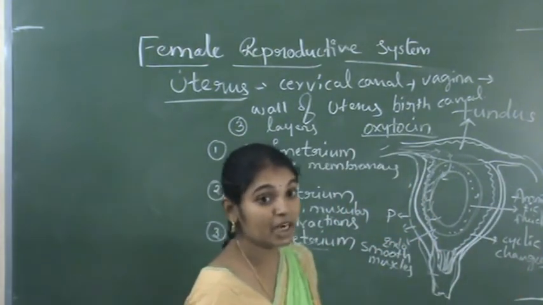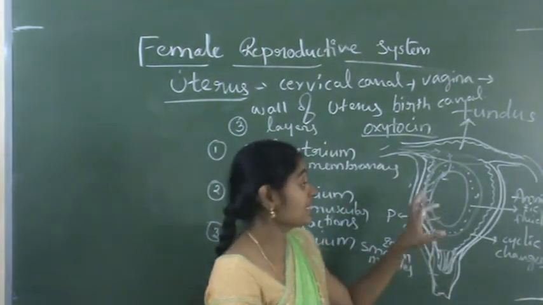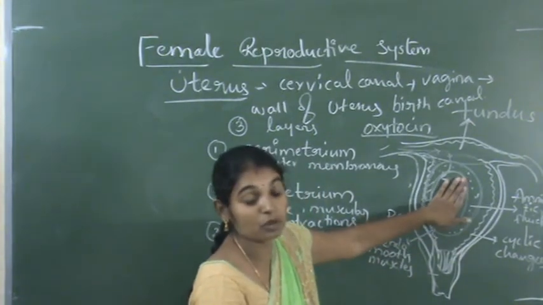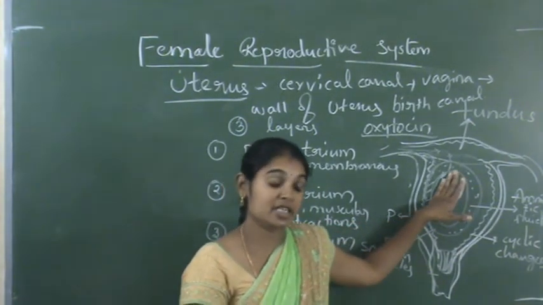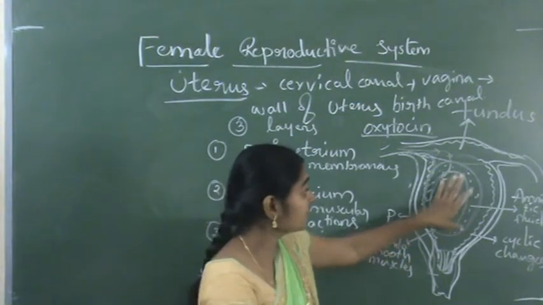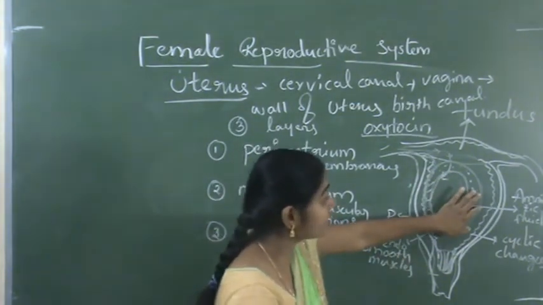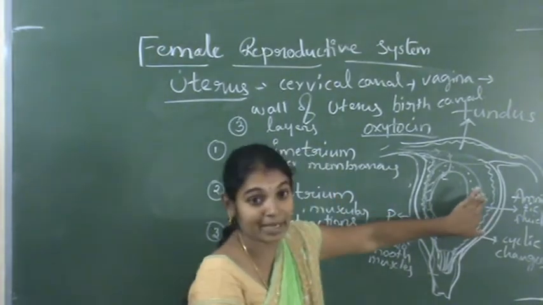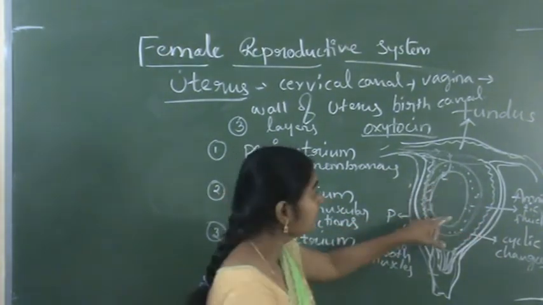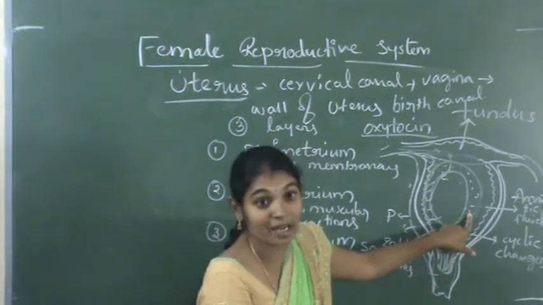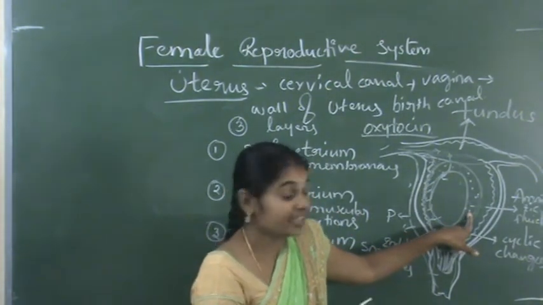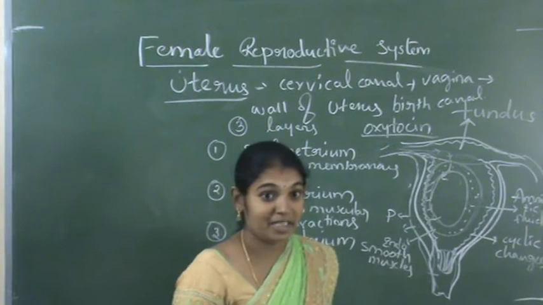And this amniotic fluid protects the embryo from mechanical or physical shocks from the outside. This fluid acts like a cushion-like structure, and it also contains the fetal genetic material.